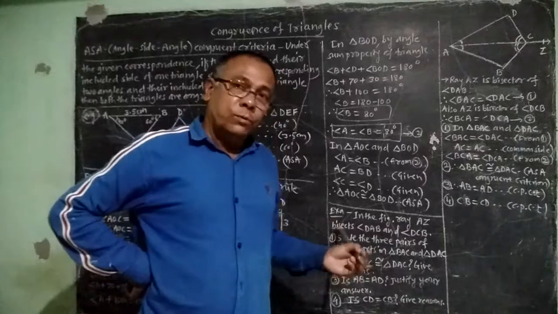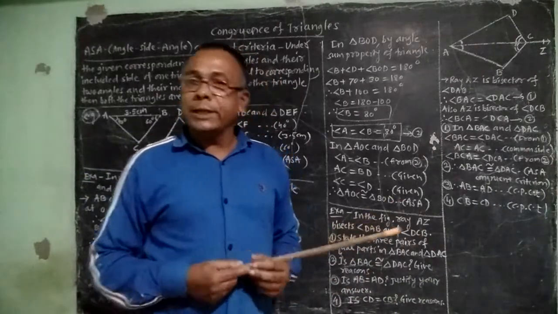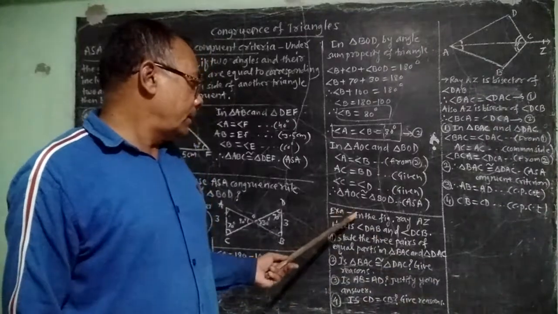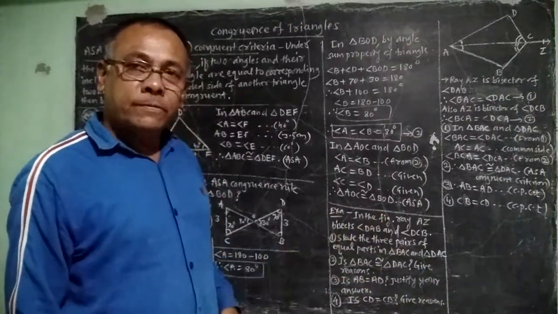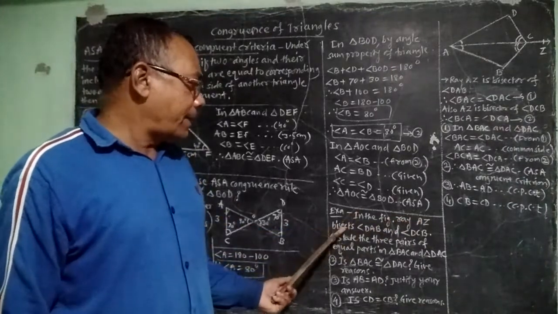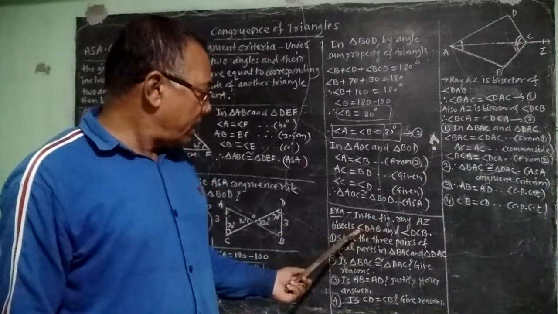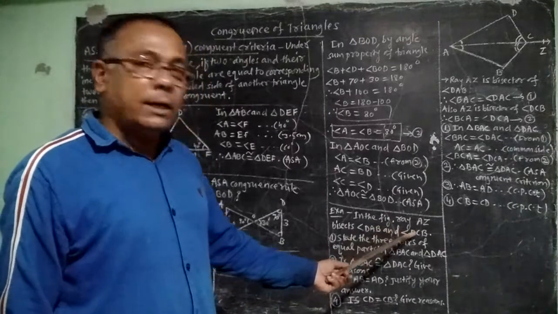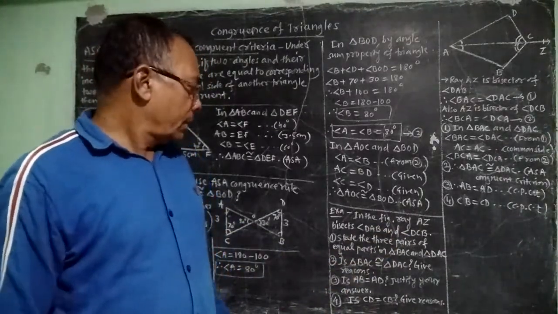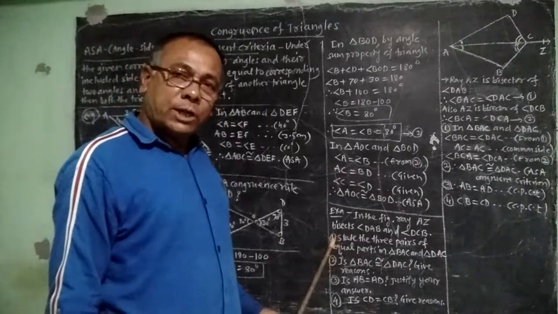Now we will solve one more example, that is, write down example. In the figure, ray AZ bisects angle DAB and angle DCB. And now we will start the questions.